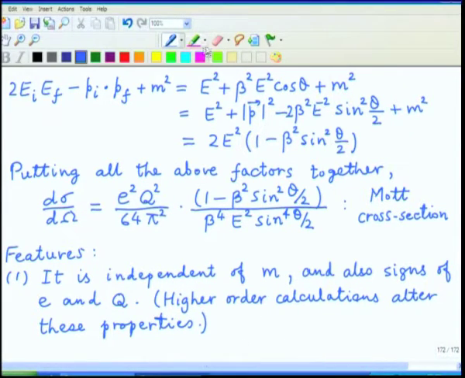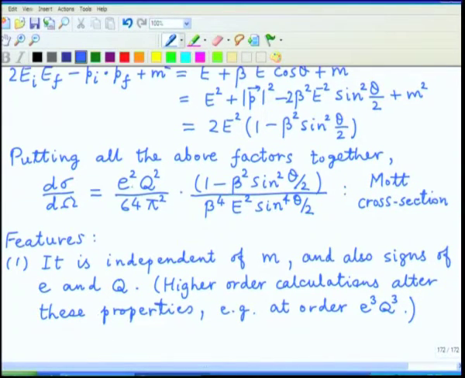For example, I can have these new corrections appearing not at E square Q square, but at a higher order, E cube Q cube, where things will change.